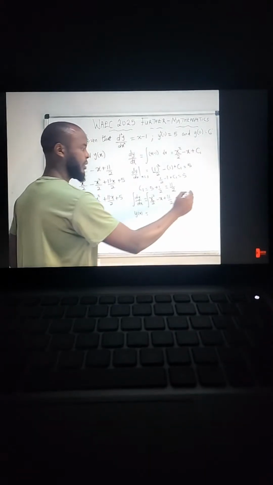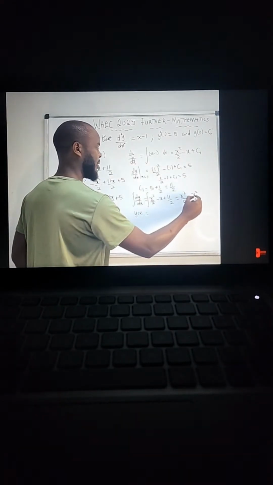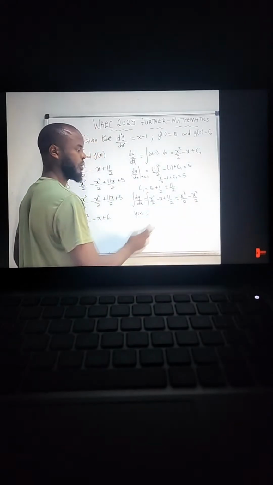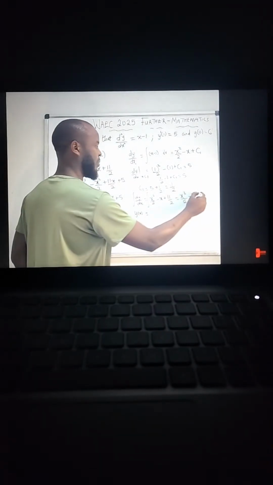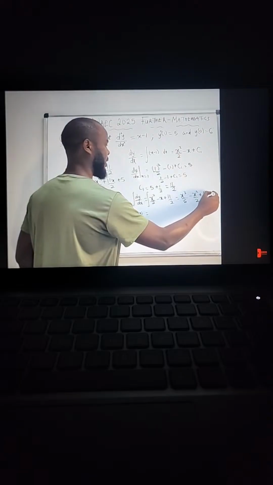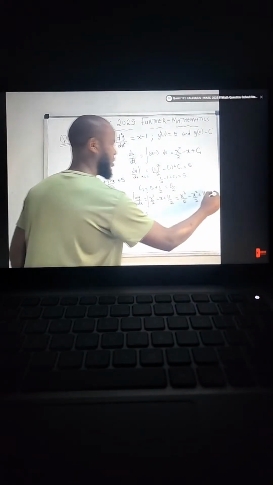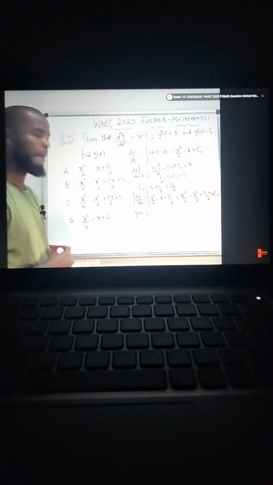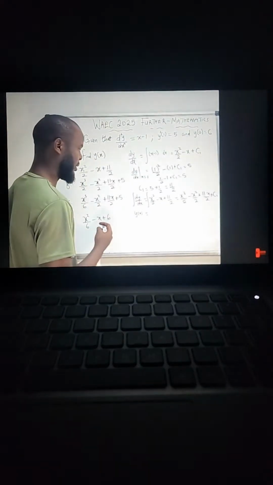Minus, if you integrate this, we have x squared over 2. If you integrate this constant here, we have 11x over 2 plus c2, which is the constant. Now, next to do is when x is 0.